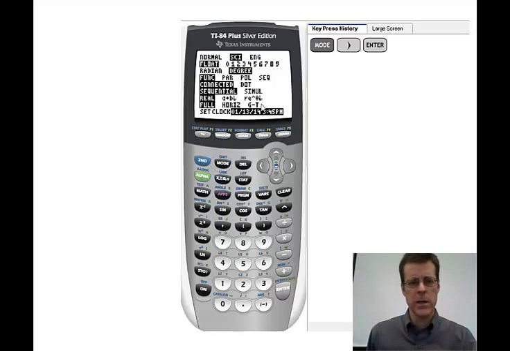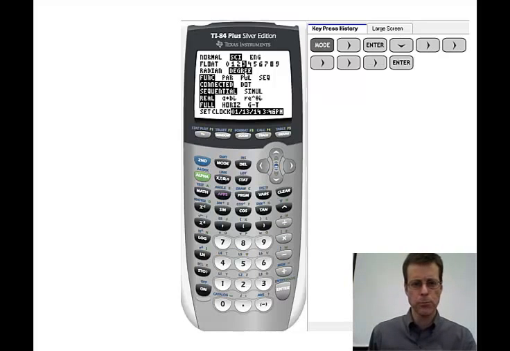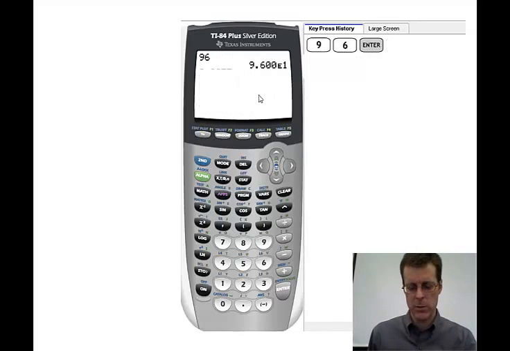If I select sci, then right below that I can select the number of digits that are going to appear, and actually I think this one is the number of decimal points rather than the number of digits. So if I want 3 significant digits, I would need 2 decimal points. If I want 4 significant digits, then I would have 3 decimal points. In this case, I want 4 significant digits, so I'm taking 3 decimal points.